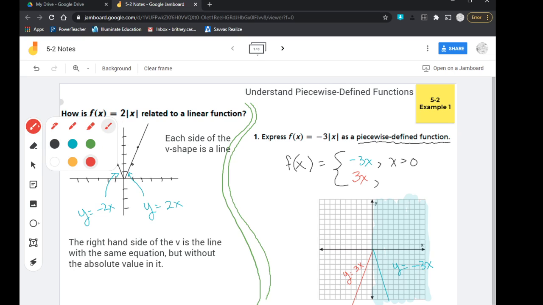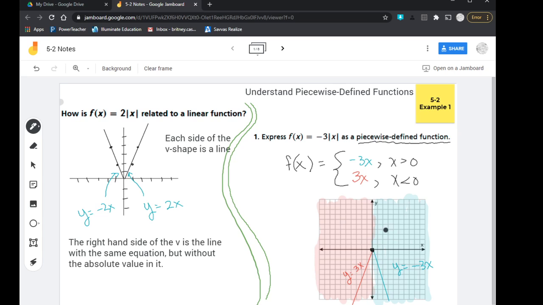However, when I look at the red part of the line, all right, the red part of our V is covering everywhere where x is less than 0. And so that's the domain that I'm going to put down here. Now with these V shapes, we do also have to think about what about when x is equal to 0.